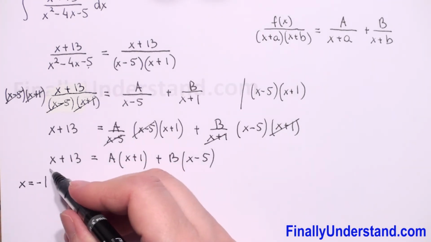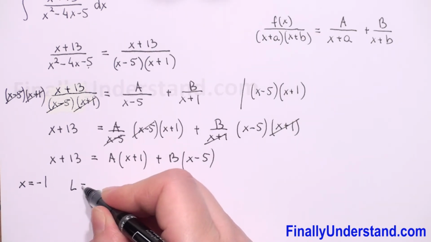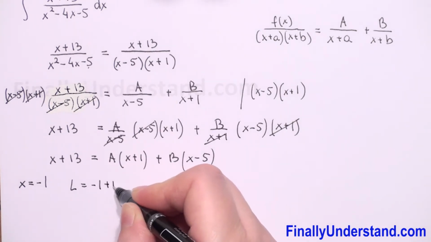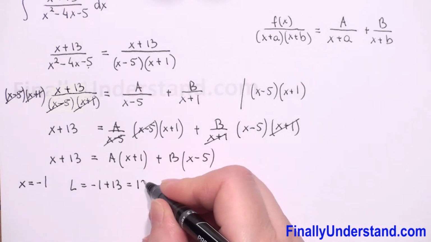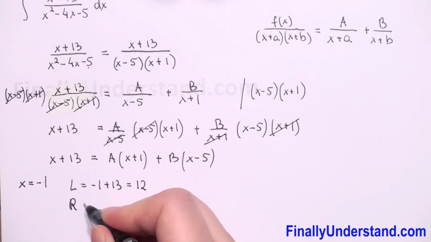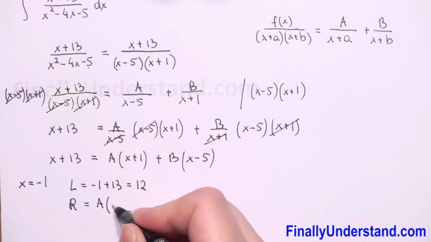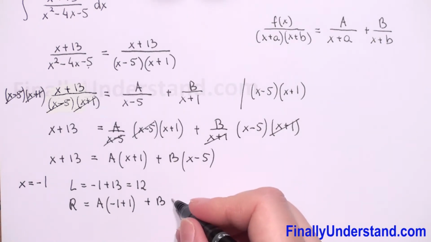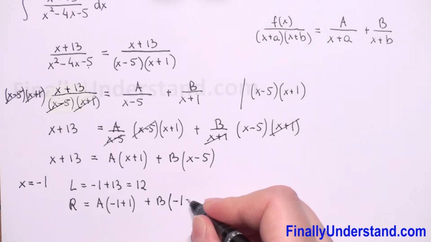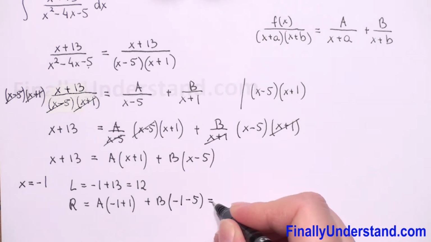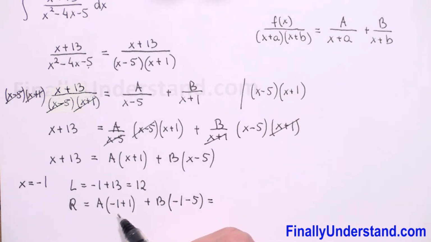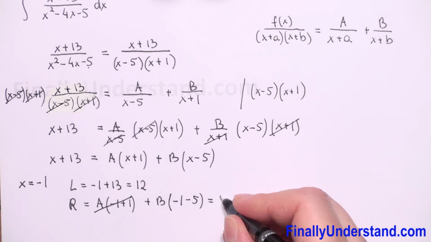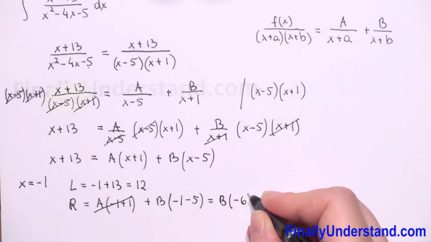So we will have on the left side -1 plus 13, which is equal to 12. And on the right side we will have A times -1 plus 1 plus B times -1 minus 5. So -1 plus 1 will be 0, so 0 times A will be 0. And we have B times -6.